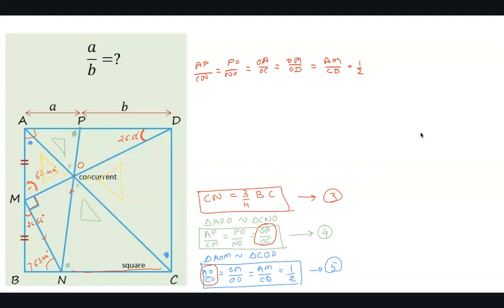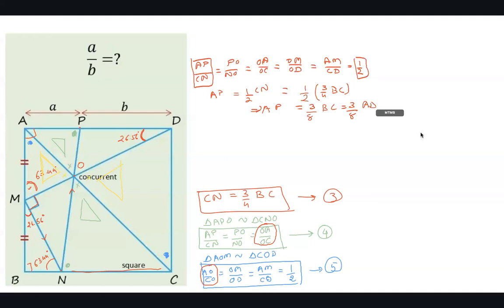And we already know that CN is 3/4 of the BC. So now let us focus on just this part. AP is nothing but 1/2 of CN. CN is nothing but 3/4 of BC. So that tells us that AP is 3/8 of BC, or any side of the square, 3/8 of AD, you could say.